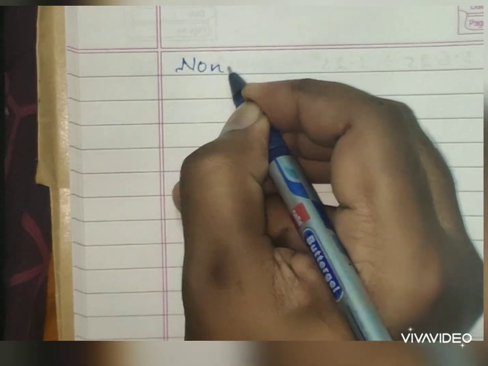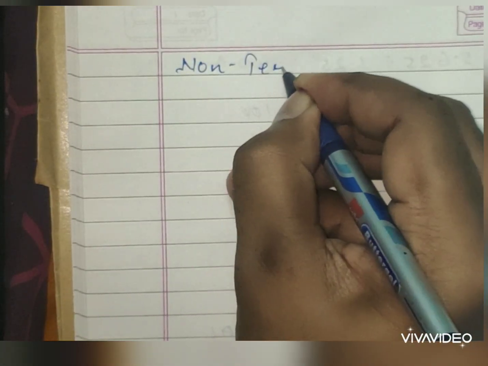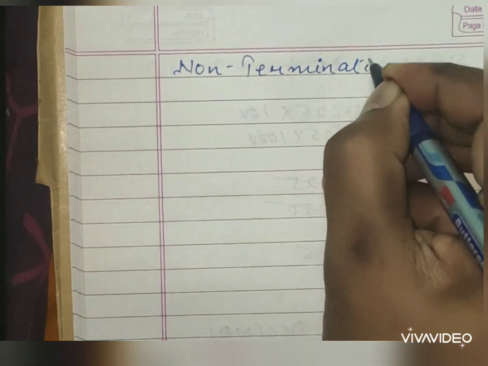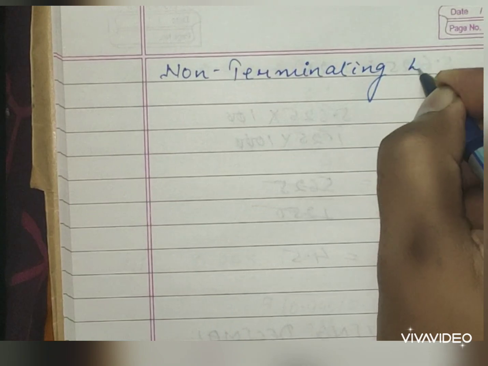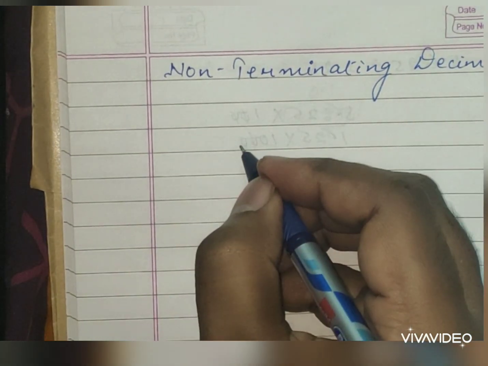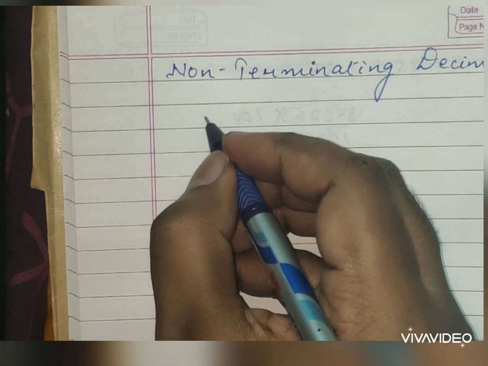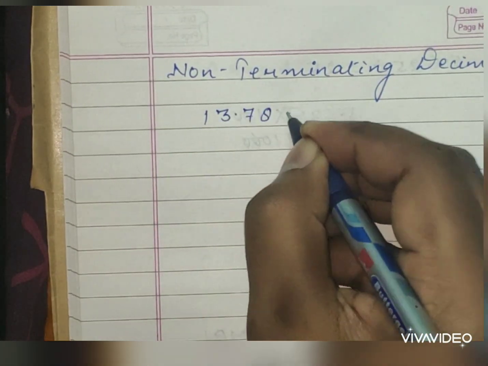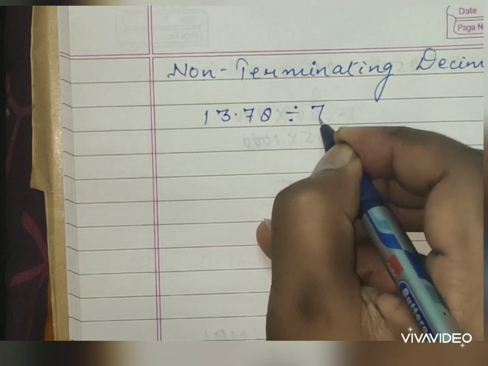Okay, now let's see what is non-terminating decimal. Non-terminating decimal means 13.78 divided by 7.